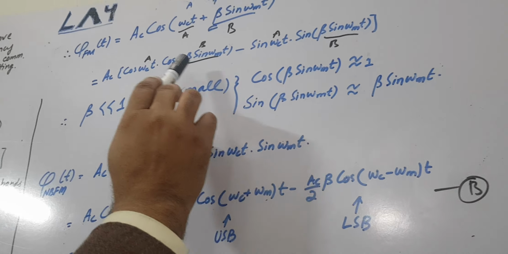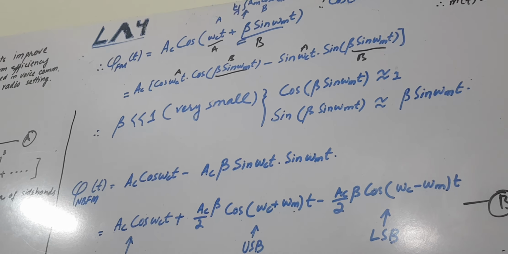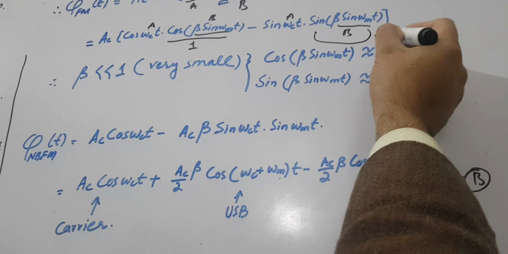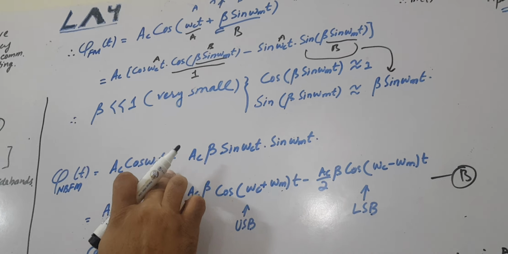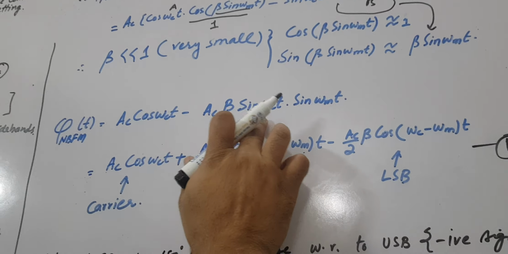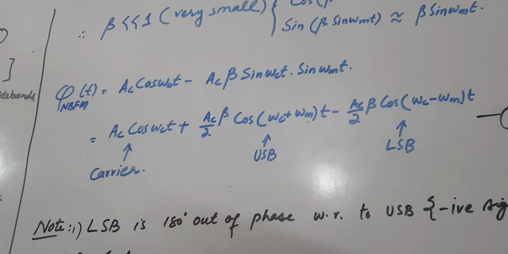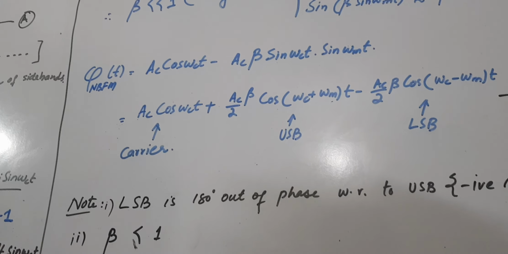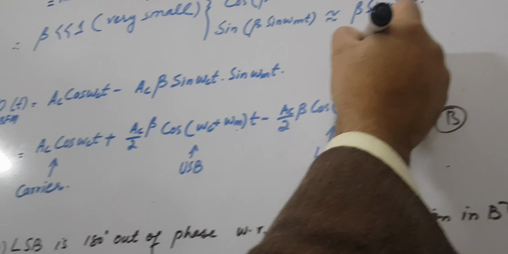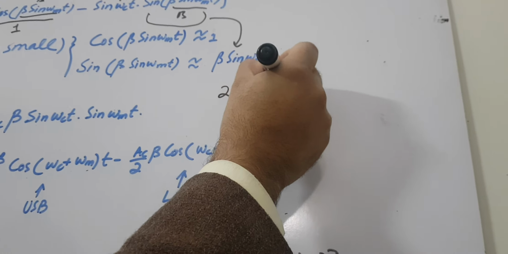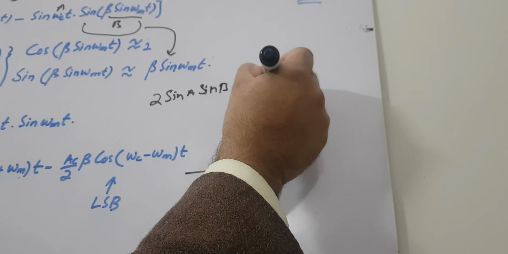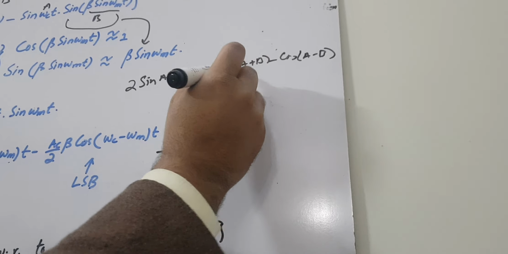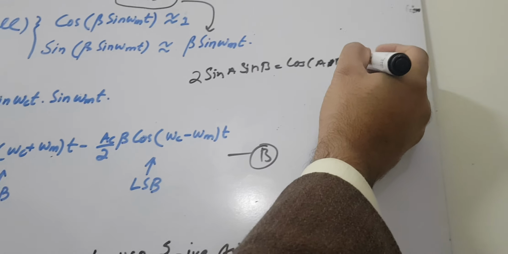So if we use this assumption in this equation, it means that this whole part is equal to 1 and this whole part is equal to this one: AC cos omega ct minus AC beta sin omega ct sin omega mt. We also know this formula: 2 sin A sin B is equal to cos(A minus B) minus cos(A plus B).